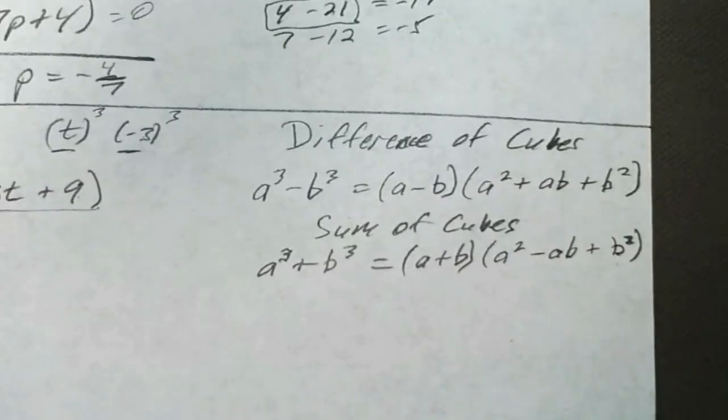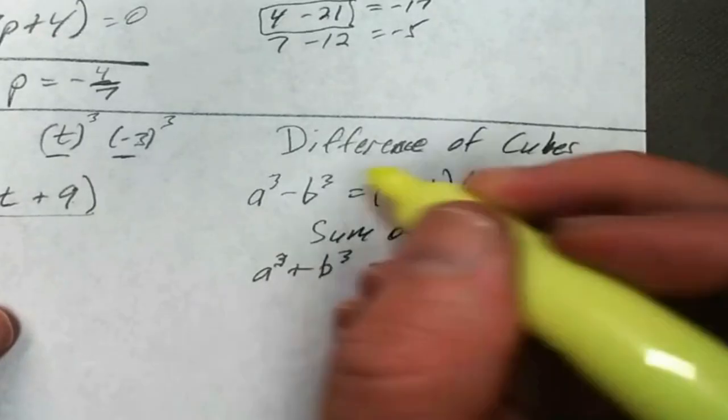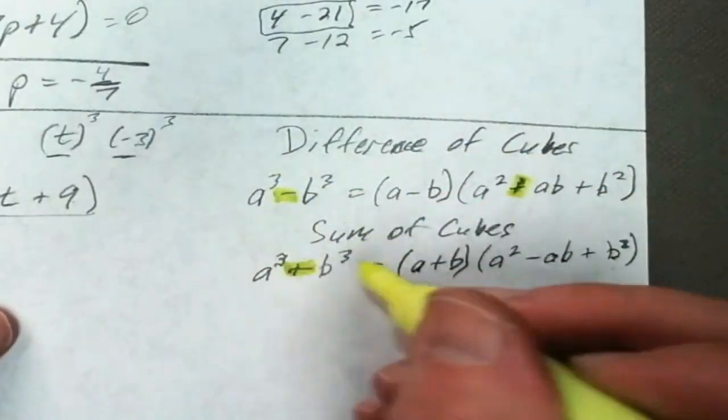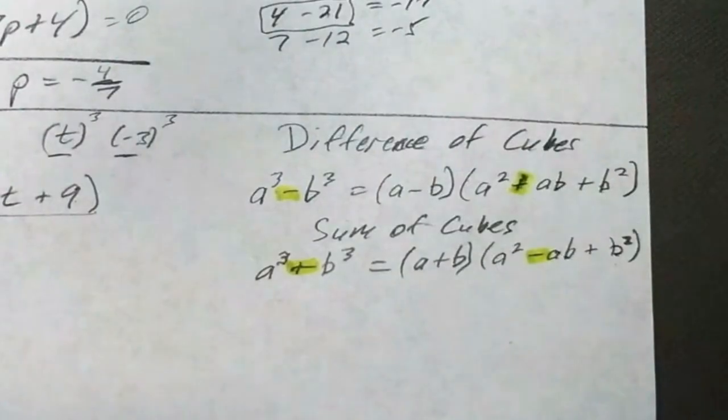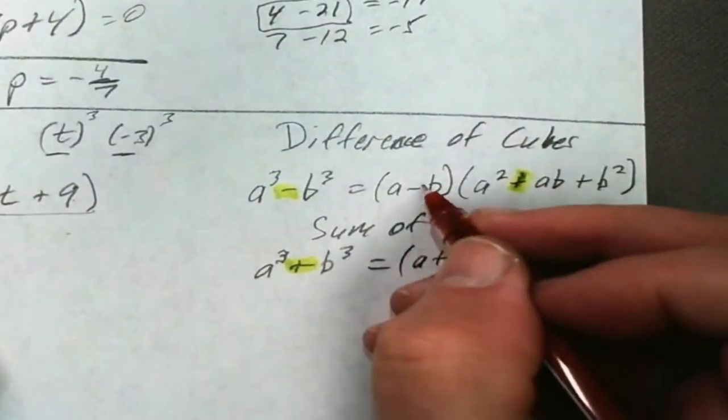So the important thing to notice is this is always the opposite. That's always the opposite. And this one is always the same.